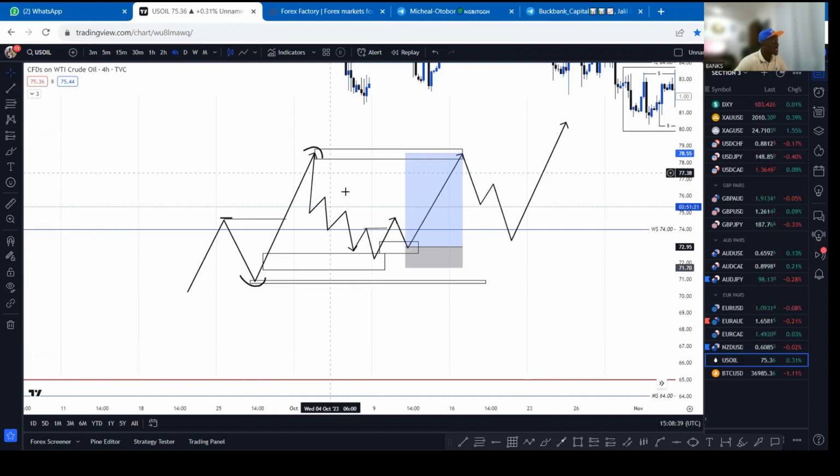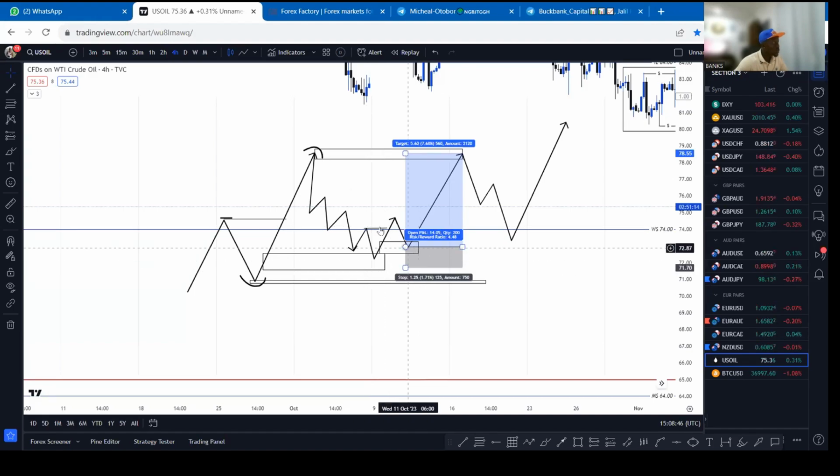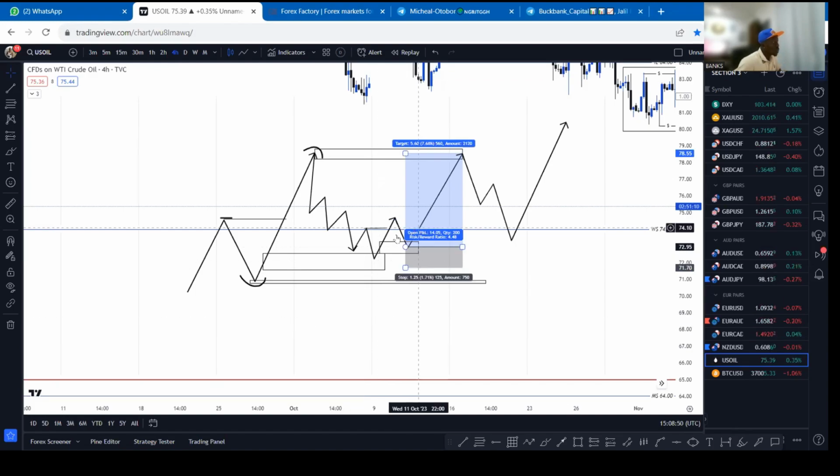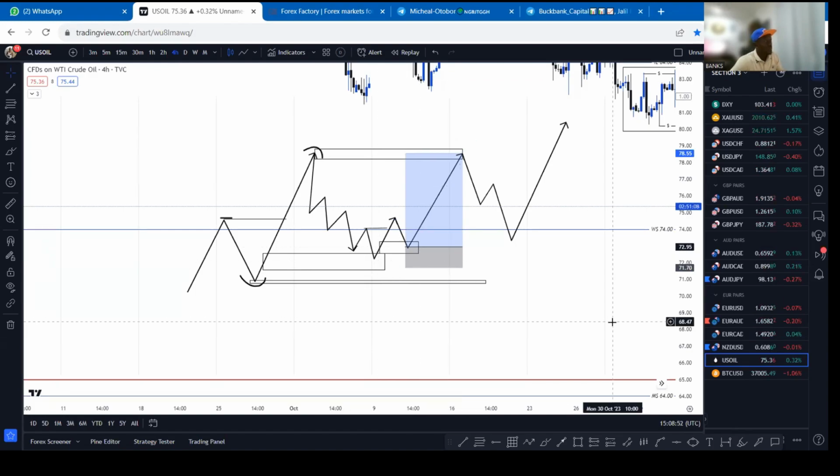And this is just a minor or smaller time frame downtrend. Waiting for this smaller time frame downtrend to realign with the higher time frame for me to take a buy entry to the upside. You understand?